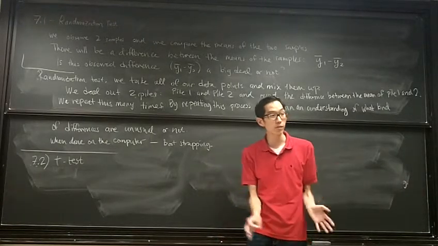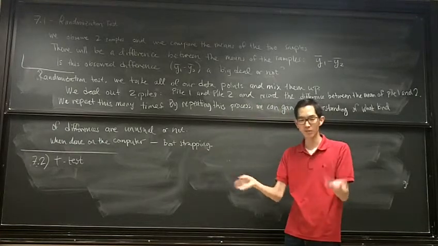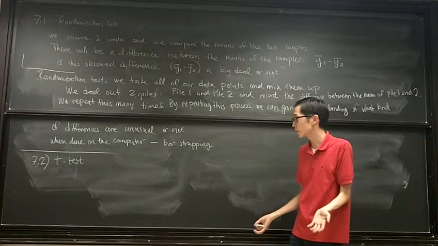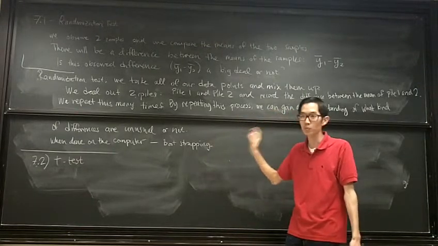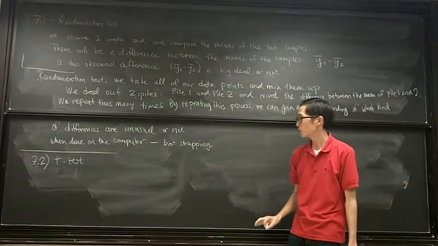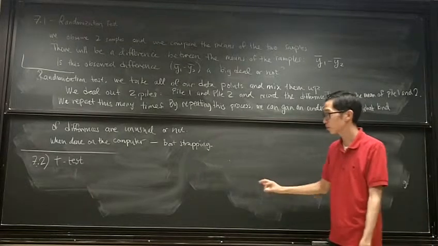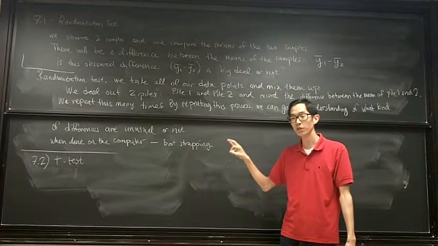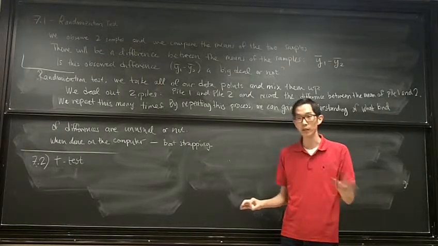The part that's different is that we're not going to say, I have no idea what the differences look like, let's shuffle this up many times and see what kind of differences we get. We're going to say, well, I understand a little bit about distributions and the normal distribution, and so I'm going to use my understanding of the normal distribution to decide whether or not this difference is unusual or not.